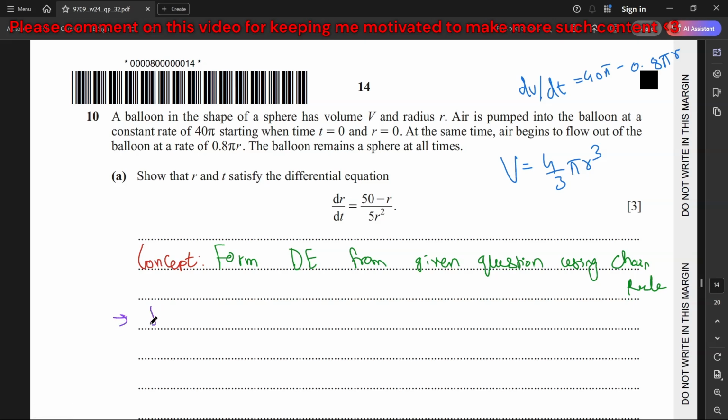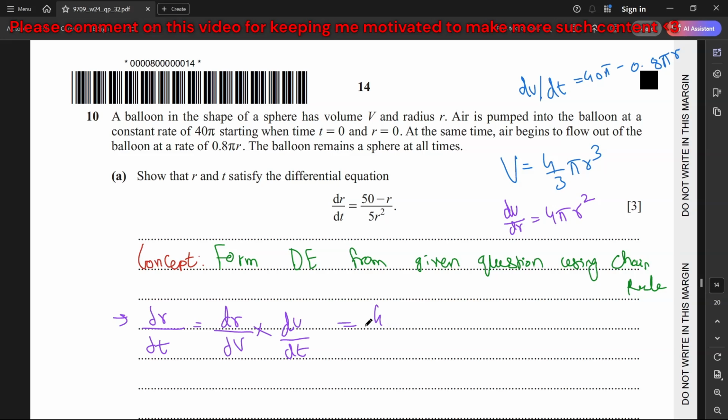To get dr dt, I need dr dV, which I can find from the equation of the volume of the sphere, and I'll multiply this with dV dt, which I've just got on the top. So my dV dr will be equal to 3 and 3 gets out, so 4 pi r square.